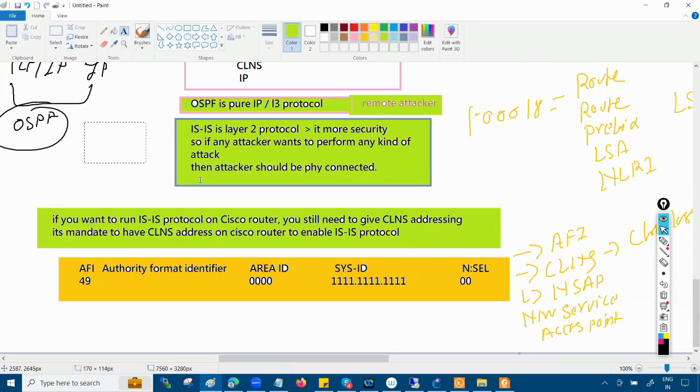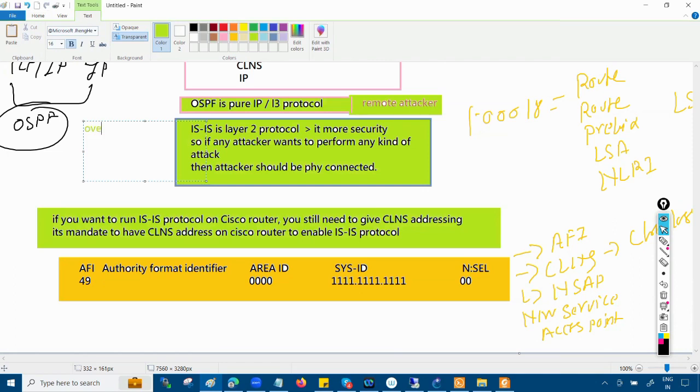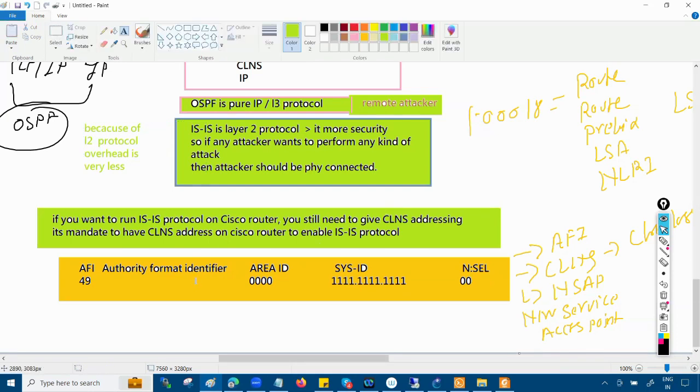So of course, overhead is very low because it is a layer 2 protocol. You can compare the same thing with MPLS, right? So less overhead is happening on the Cisco router side. Same thing. And these are the CLNS addressing.